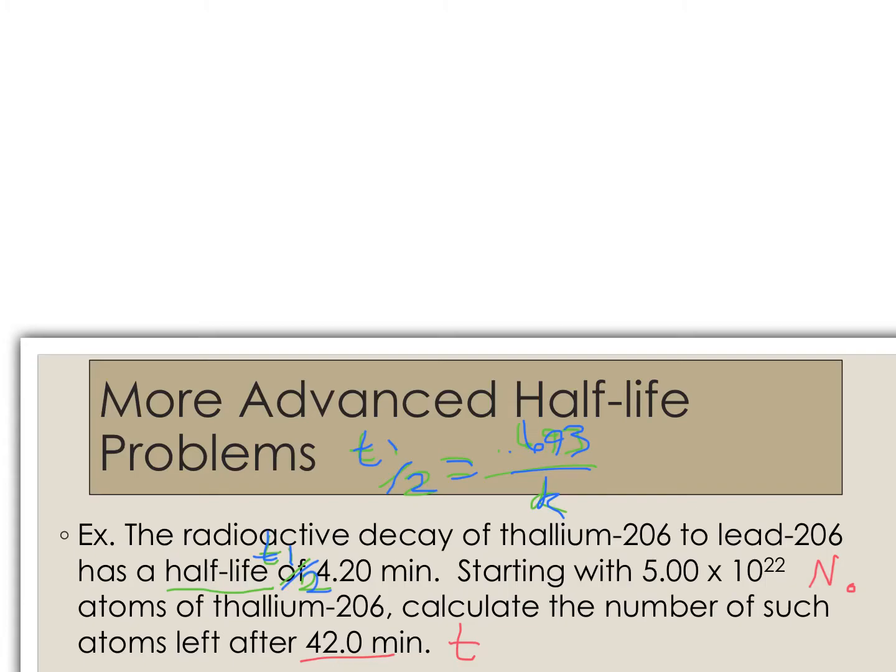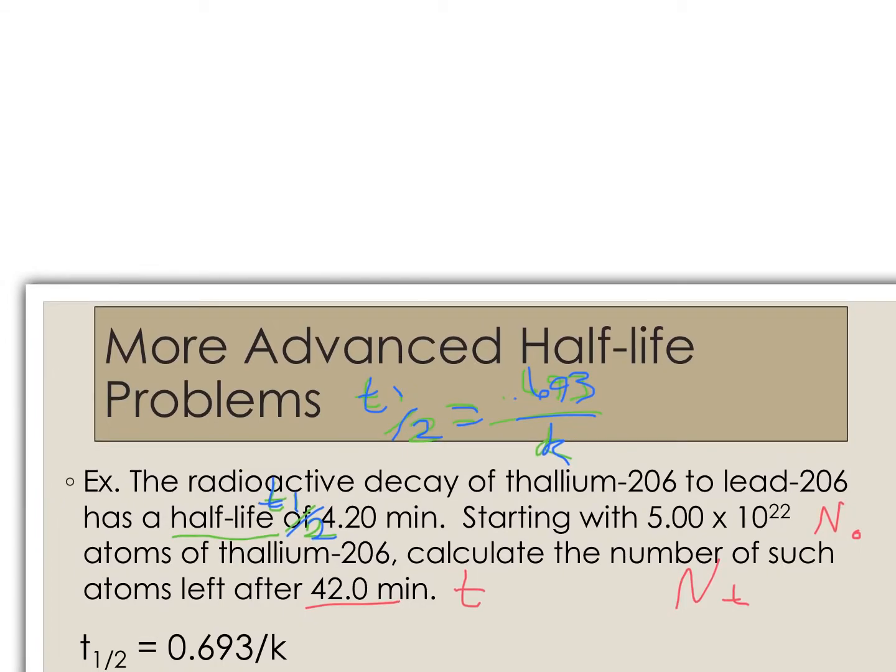So it's asking me to find Nt, number at a specific time. Well, I can use my half-life equation to find my K, and then I can plug my K into my first order integrated rate law. So I use my half-life equation.